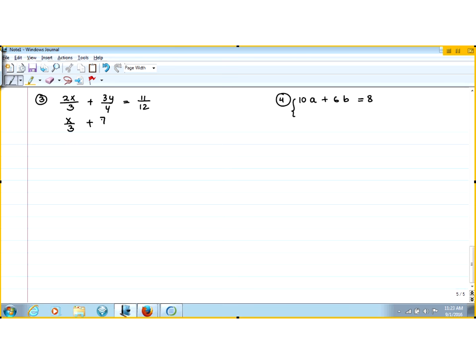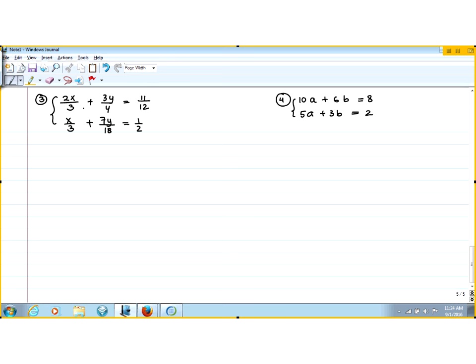Oh, there's another one. X over 3 plus 7y over 18 is equal to half. And this is 10a plus 6b is equal to 8. 5a plus 3b is equal to 2.